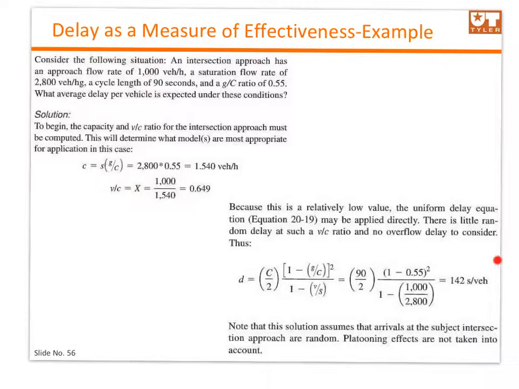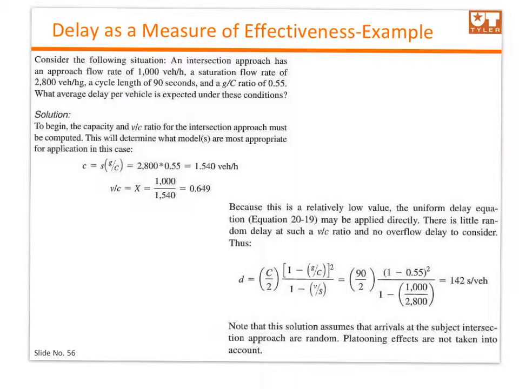This gives us a uniform delay of about 14.2 seconds per vehicle. Again, note that this solution assumes that arrivals at the subject intersection approach are random, and platooning effects are not taken into account.